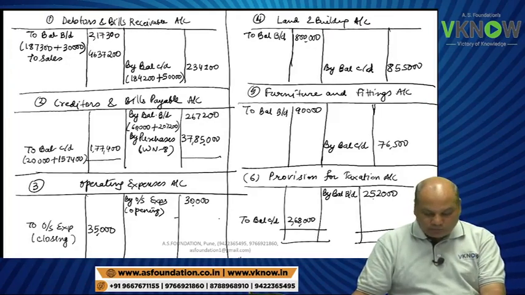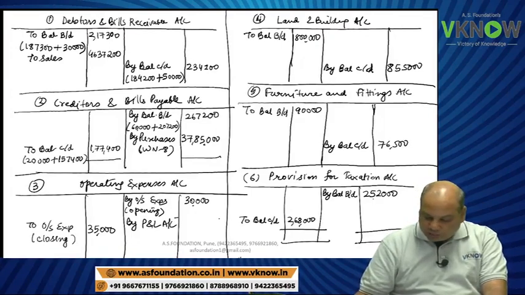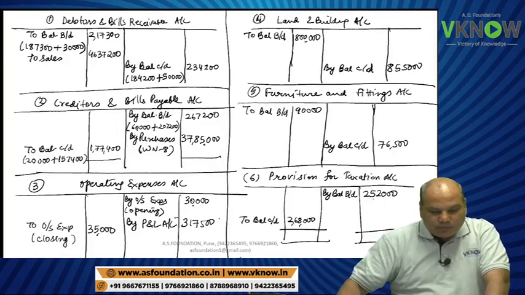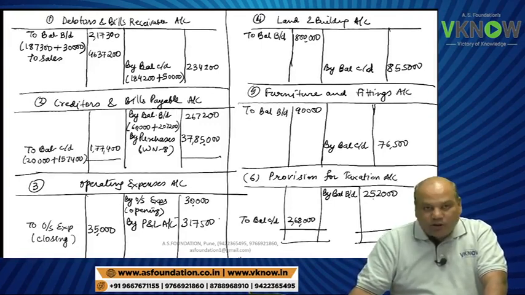Operating expenses, sundry operating expenses, we will come to credit side of operating expense, by P&L account 3,17,500. Then we'll come to depreciation on land and building, working note 4.